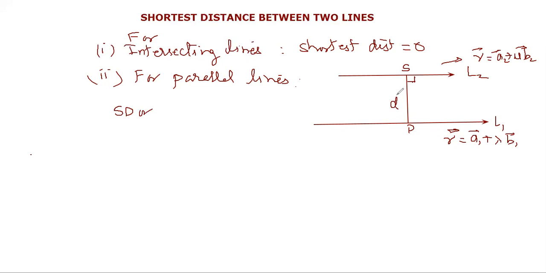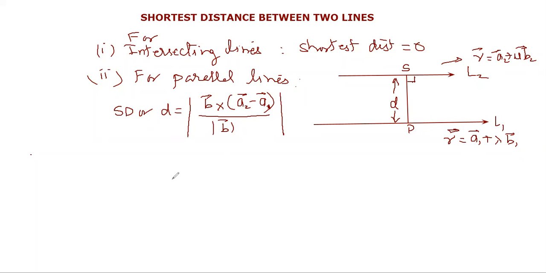d also, small d, is equal to modulus of vector B cross product with the difference of A2 minus A1. Here A1, A2 will be used. A2 minus A1 and divided by magnitude of B. Okay.